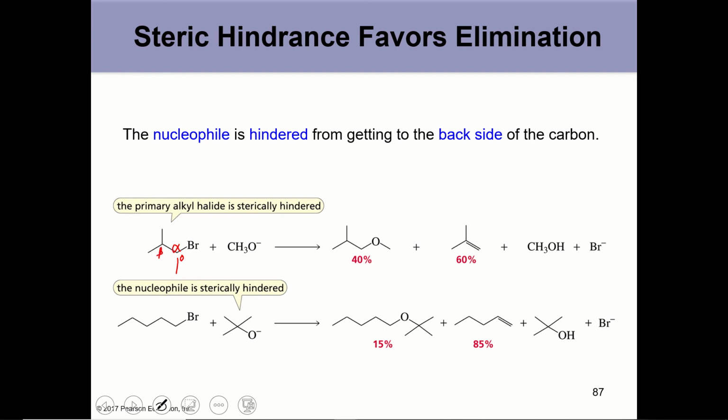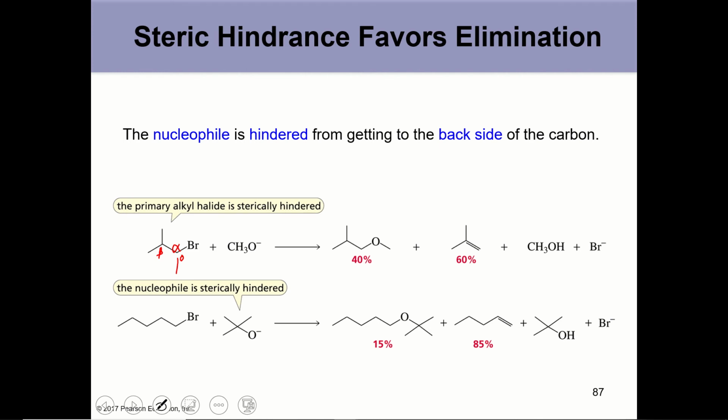So if our beta carbon is a tertiary carbon, then the alpha carbon is sterically hindered. And the methoxide, the strong base, the nucleophile, will be hindered for backside attack of the alpha carbon.